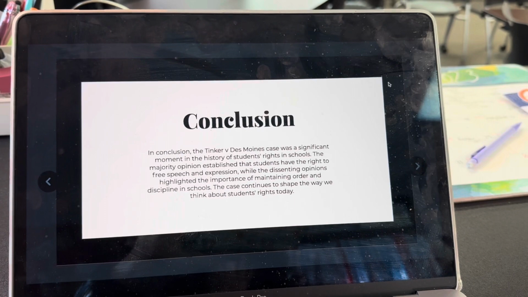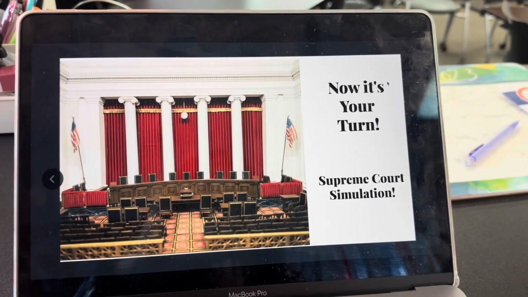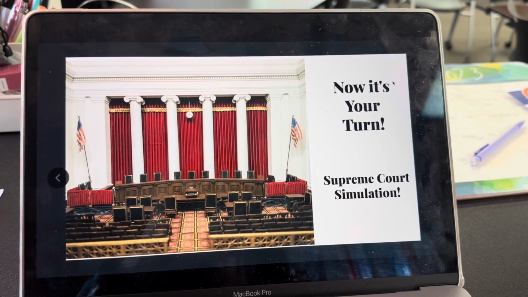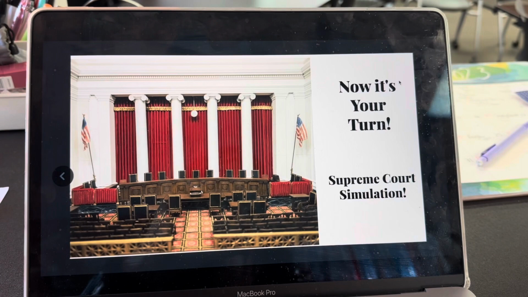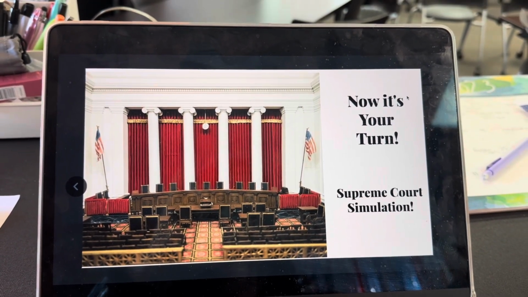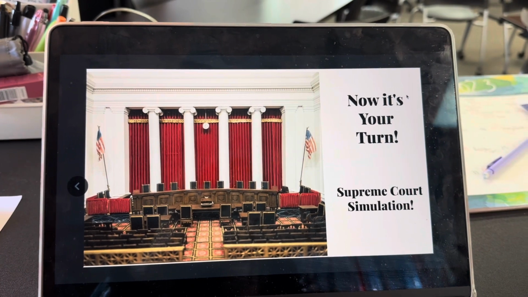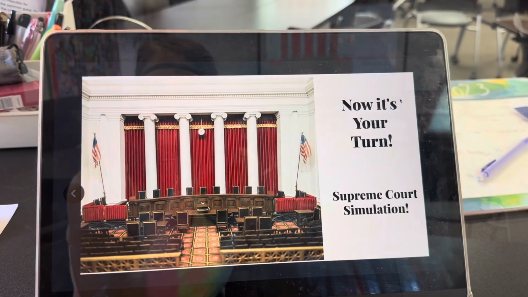Now, when I'm finished talking about all of those things, then my students get to participate in their own Supreme Court simulation. I've chosen two different cases, Hazelwood School District v. Kuhlmeier, and Grutter v. Bollinger.